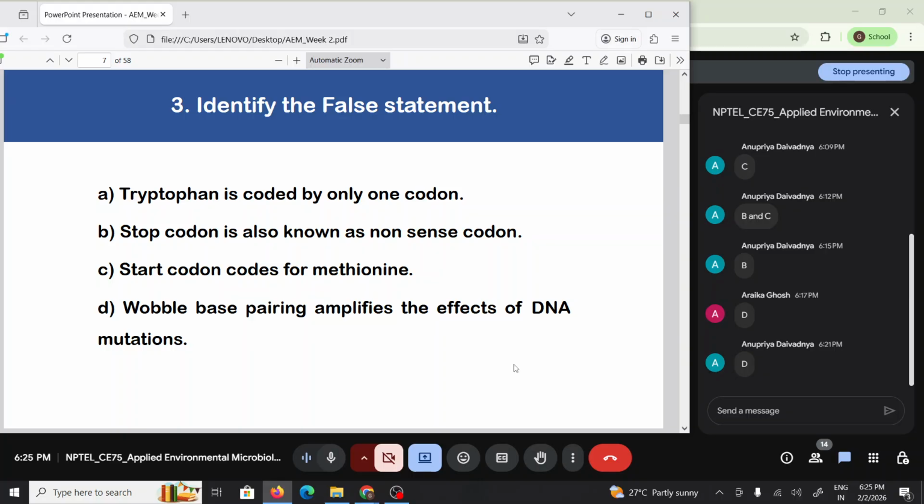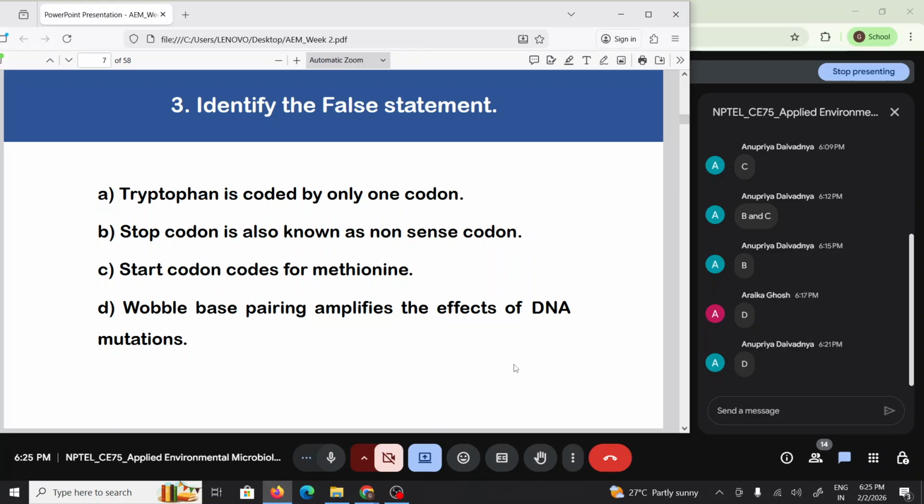Yes, because the stop codon doesn't code for any amino acid, and it allows for the termination of the translation process. And the third statement is that we have the start codon, which is AUG. This codes for the amino acid methionine in bacteria and archaea, both the systems.